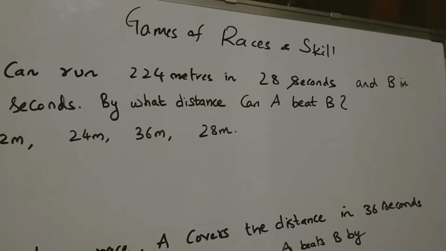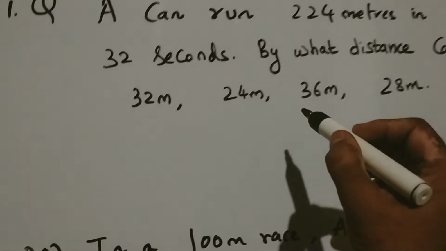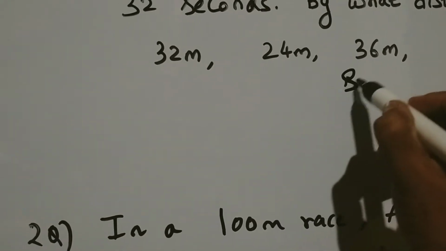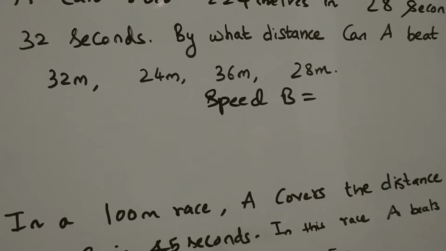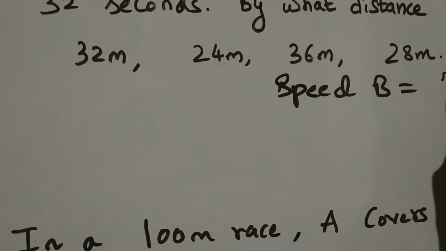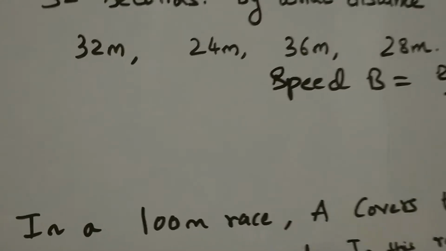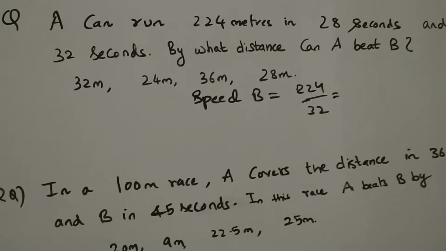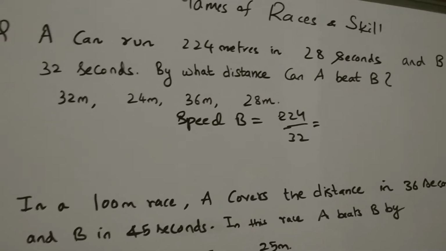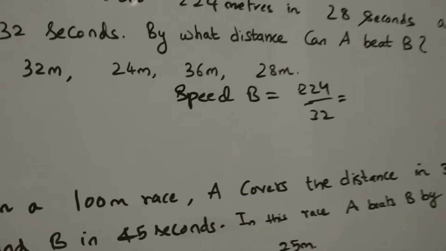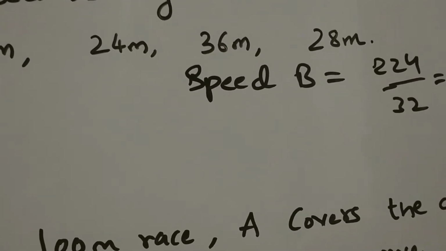So, let us first calculate the speed of B. Speed of B equals 224 meters by 32, because the distance is 224 and it is taking 32 seconds. So, that will give rise to 7 meters per second.